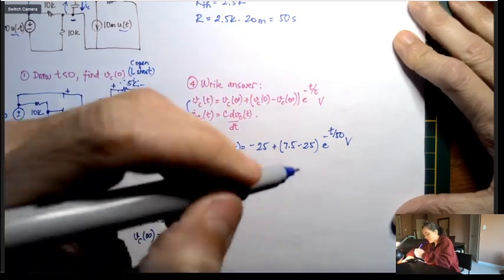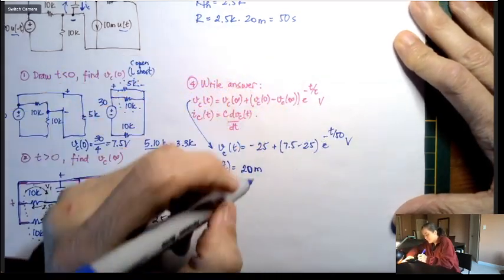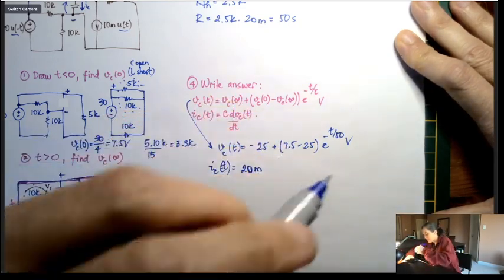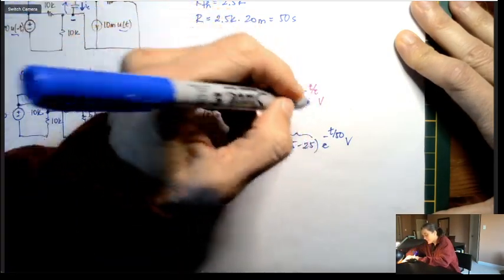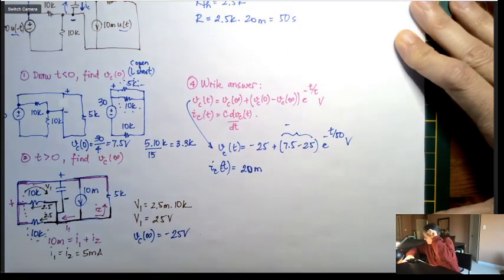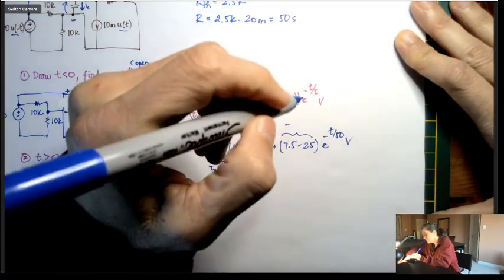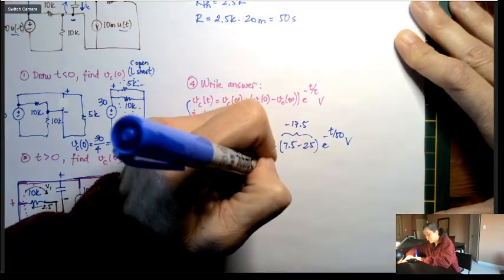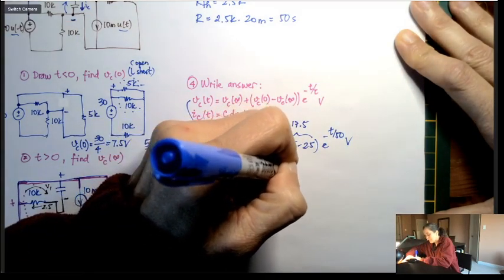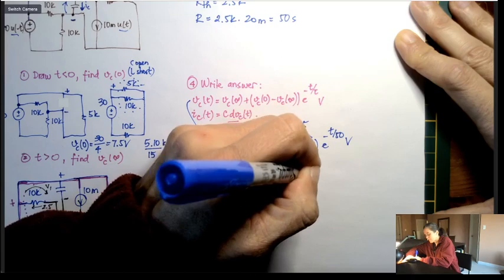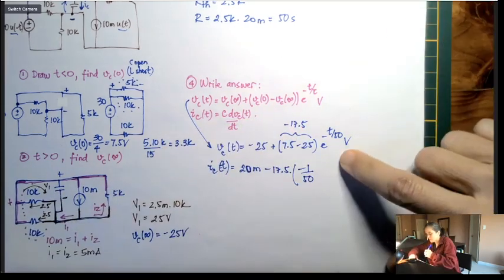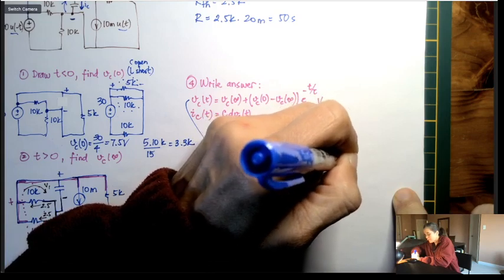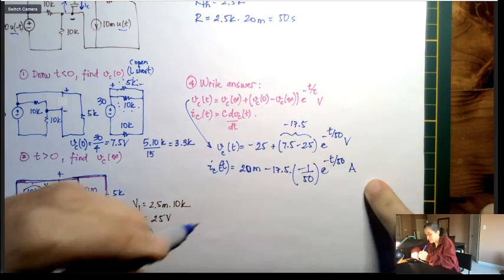And now I will do the derivative of this. So the derivative of minus 25 is 0, and this here is minus 17.5. So it's going to be minus 17.5 times minus 1 over 50, which is the derivative of this exponential here, e to the minus t over 50 amps.